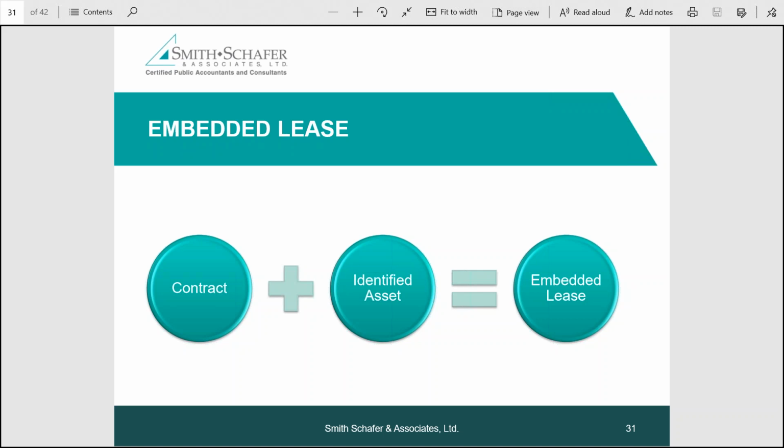So let's consider if you're on the cloud, so you rent server space from a provider, and if your contract talks about you're logging into this very specific server, serial number XYZ, and this is the one you log into, I am in charge of telling you when you have to replace that server, but you're in charge of making sure it's plugged in, making sure it works, making sure I can access it.